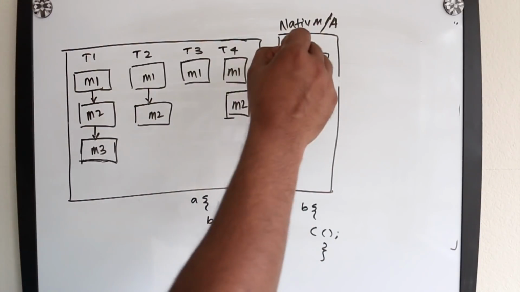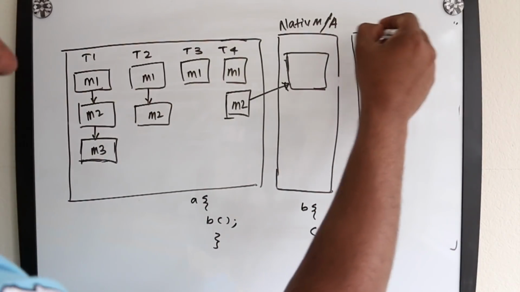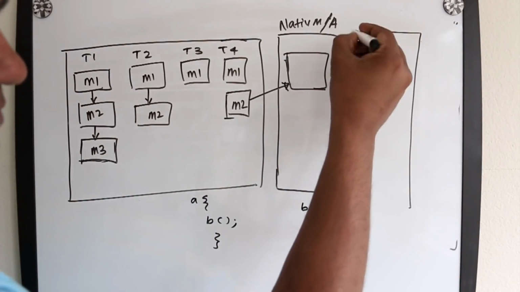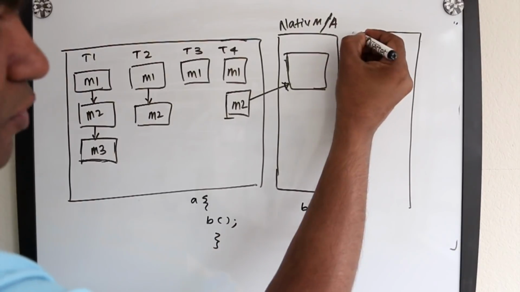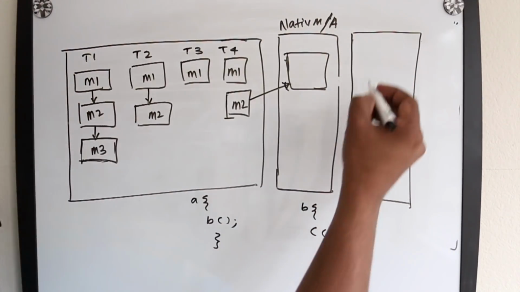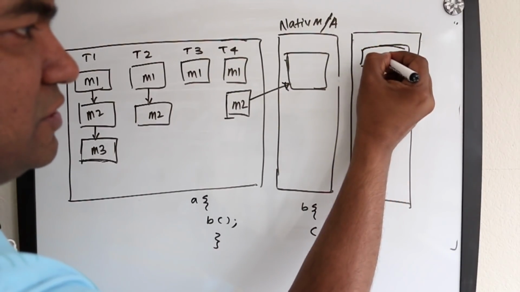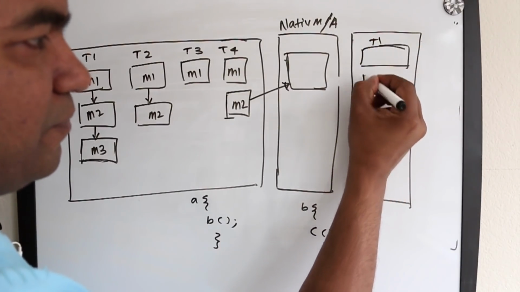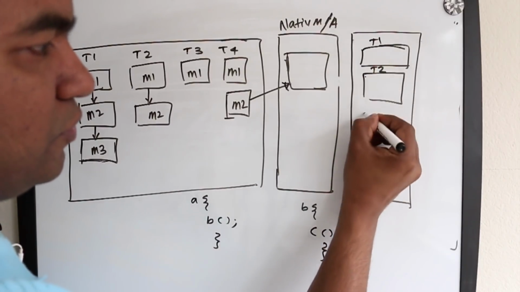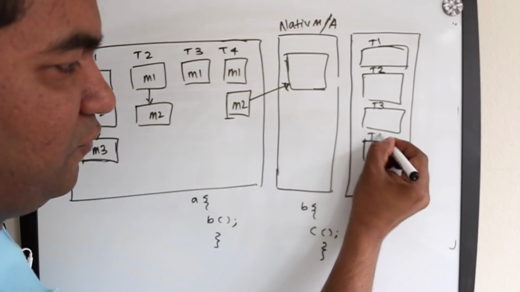Right, so now if you consider the PC register, we discussed that the PC register is there to hold the information about Java methods, right? So there may be 4 different locations for information: T1, T2, T3 and T4.